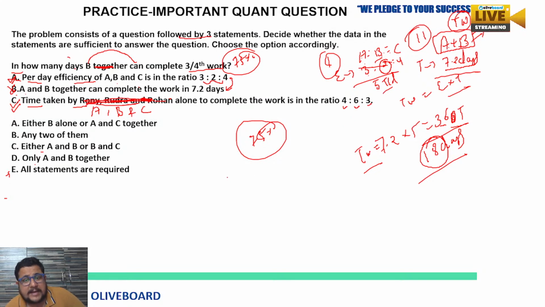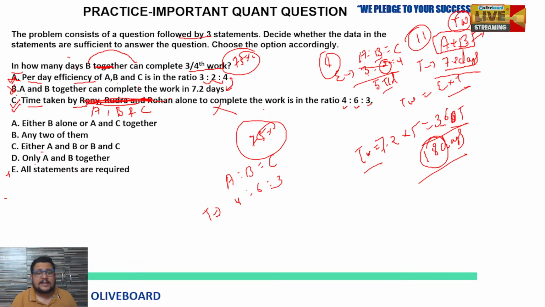So the time ratio is given for A, B, C as 4, 6 and 3. But by the time ratio we can't get how much time they will take to finish a certain task, or in how many days we can finish the work. 3/4 of the work cannot be calculated because this is only the time ratio.